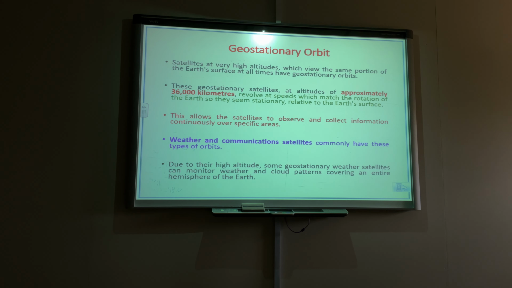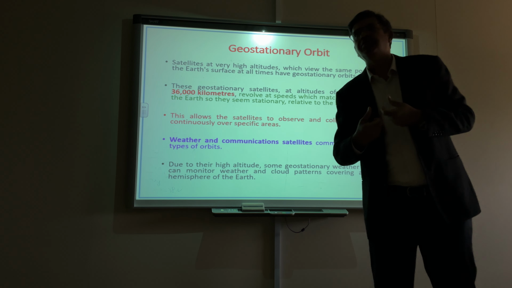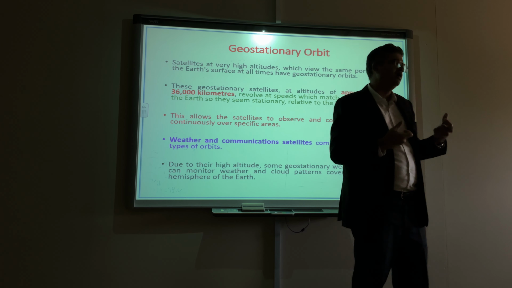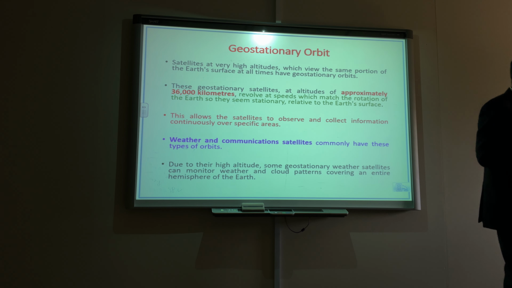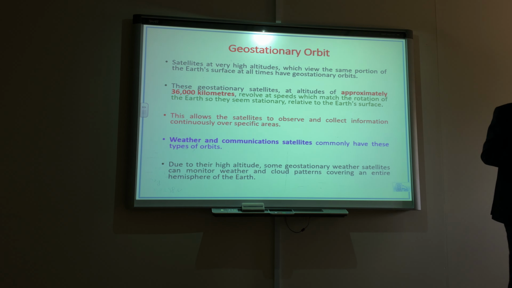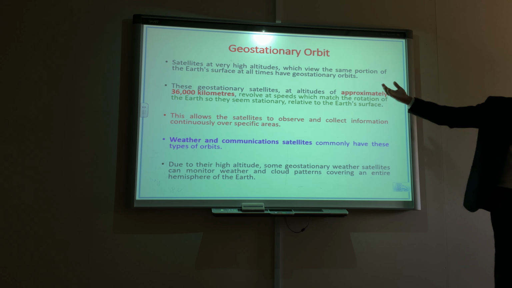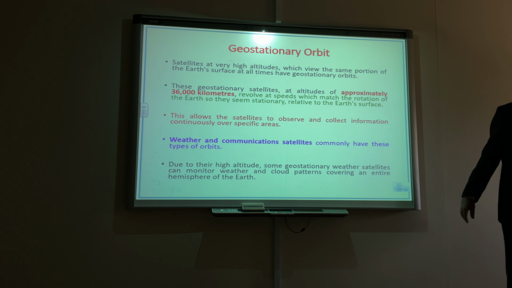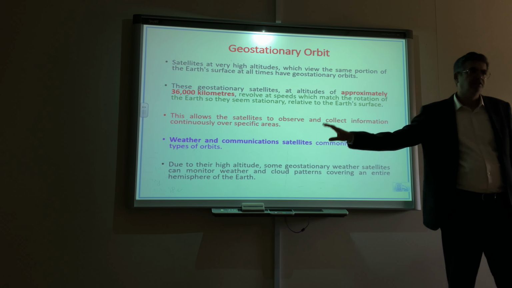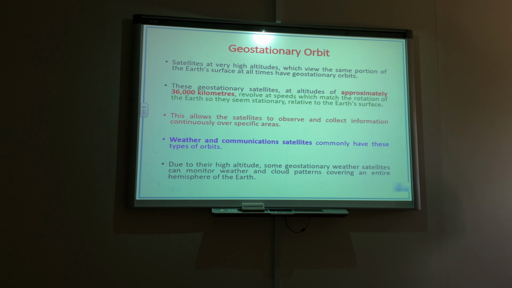So for weather monitoring, we need images spaced very close to each other. The time difference between the images should not be too high. That is the reason, to minimize the time gap between the acquisition of images, that weather monitoring satellites are mostly placed in the geostationary orbit.